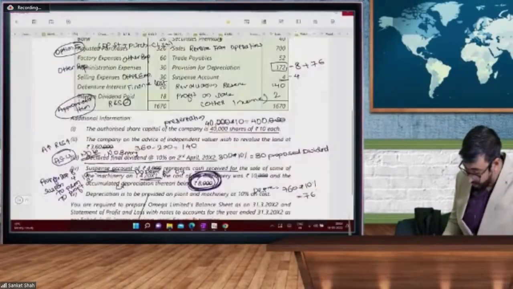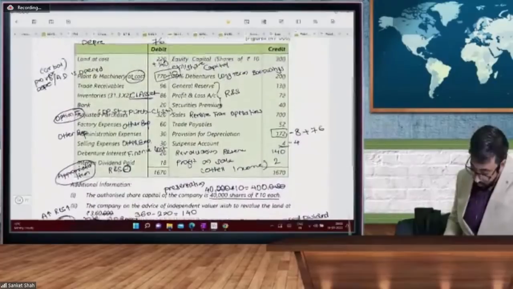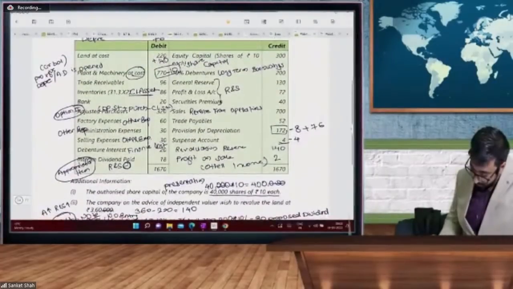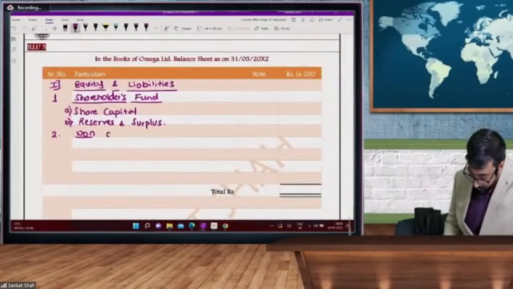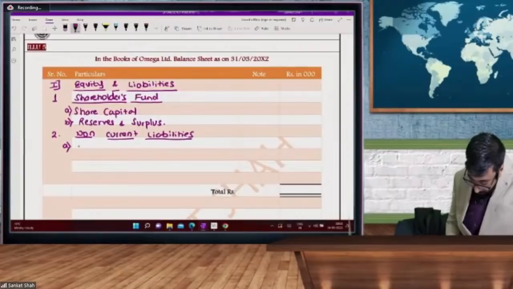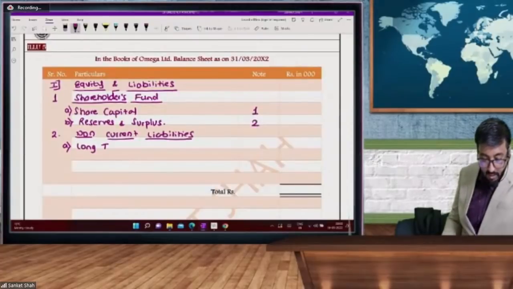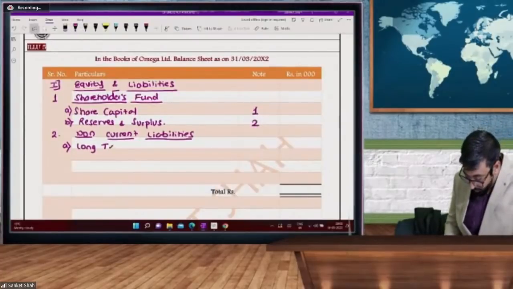See the question, you have only the liability side debentures, so only non-current liability, long-term borrowings, only one item. Share capital mandatory number 1, reserves and surplus mandatory number 2, long-term borrowings mandatory number 3.